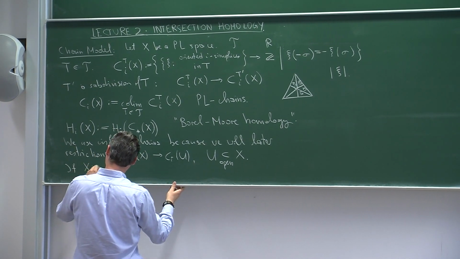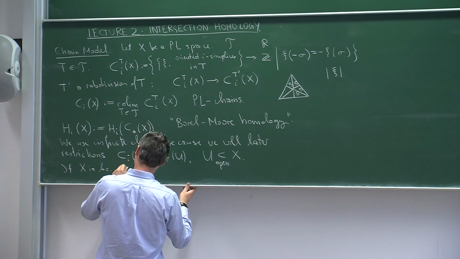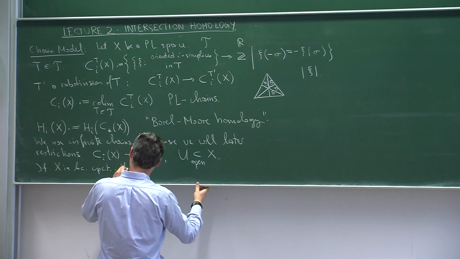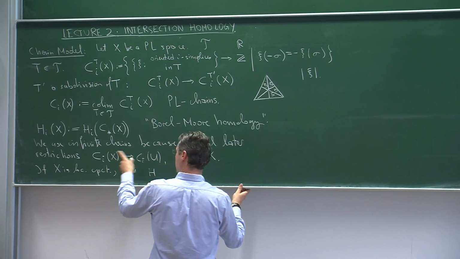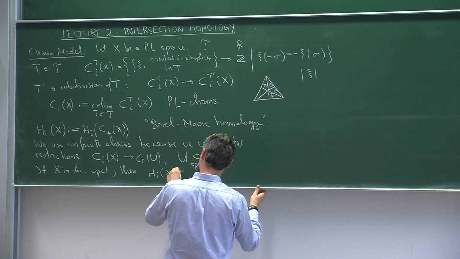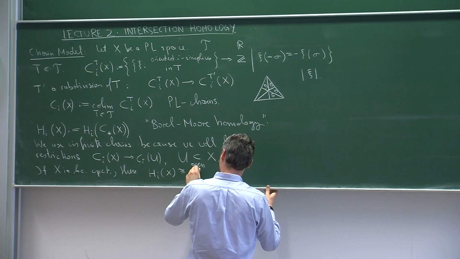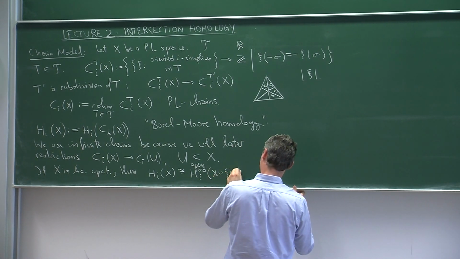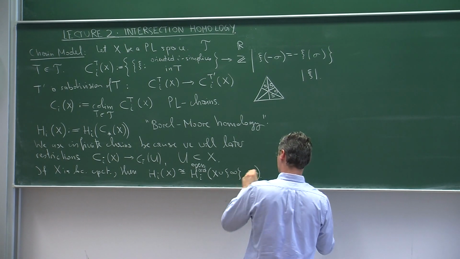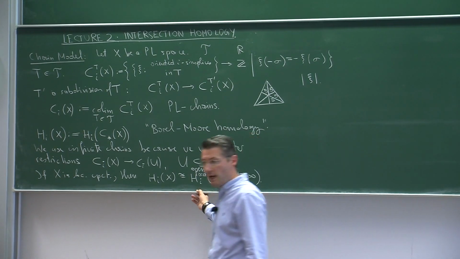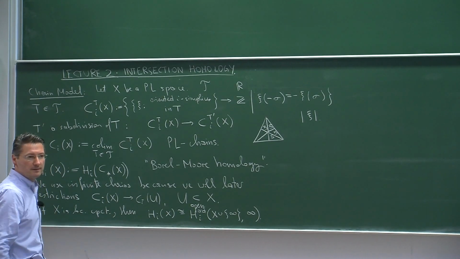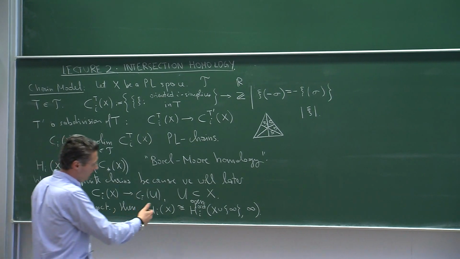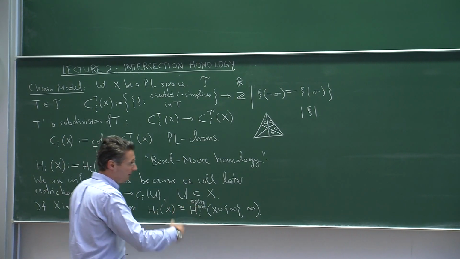If X is locally finite, locally compact, so that you have a one-point compactification, then this kind of homology, you may think of it as the ordinary homology of the one-point compactification rel this point. In other words, if X is itself compact, then there is no difference, so both homology theories coincide. But if X is not compact, then it's very different.